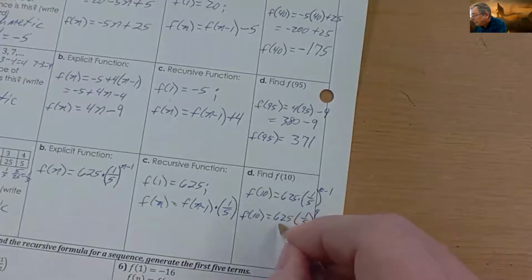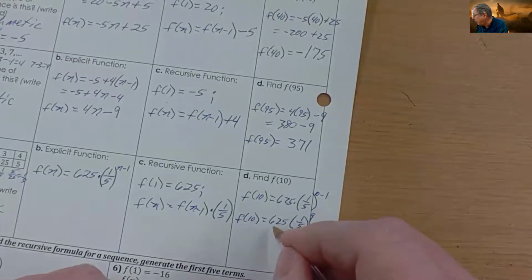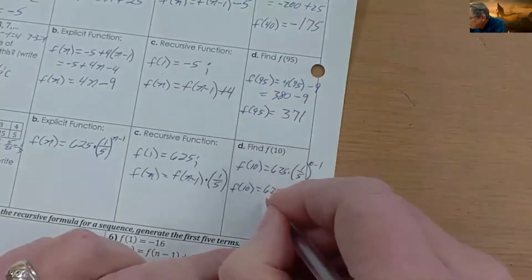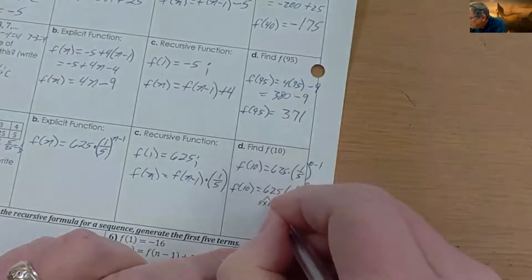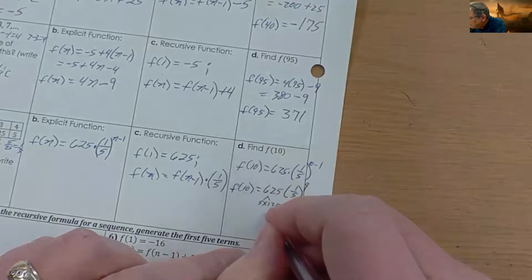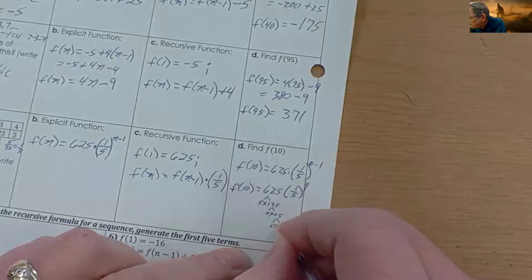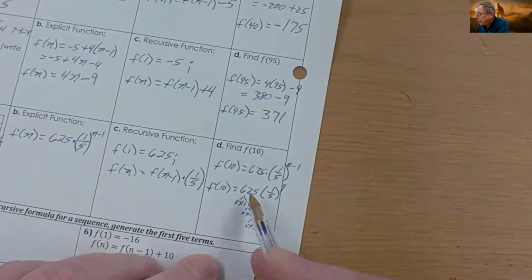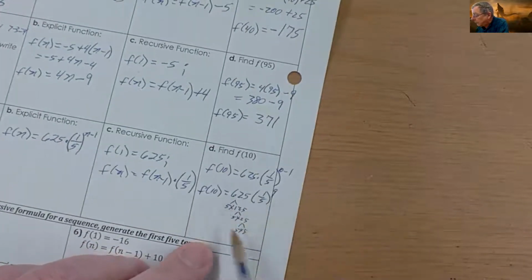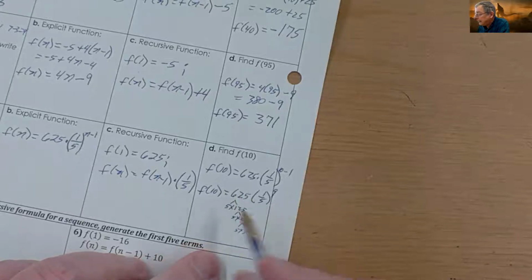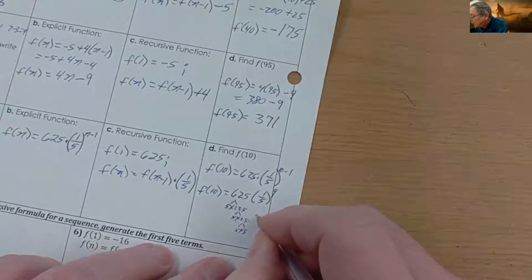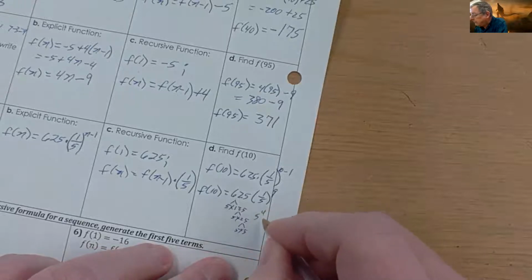Okay, well, if we factor this down, this is 5 times 125. This is 5 times 25, and this is 5 times 5. And so what you have here is what? 1, 2, 3, 4. That is 5 to the 4.